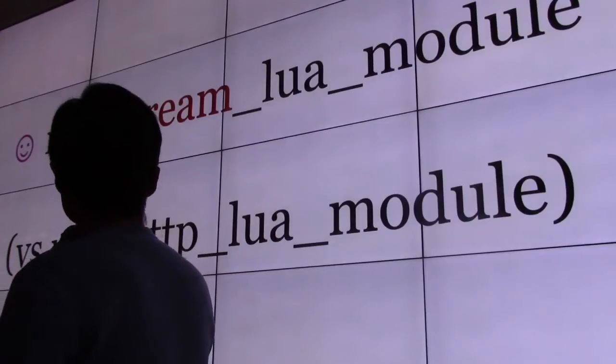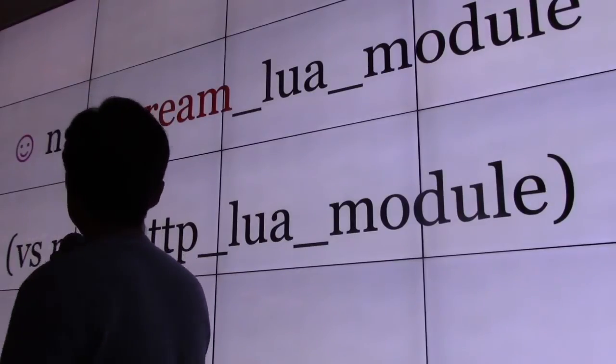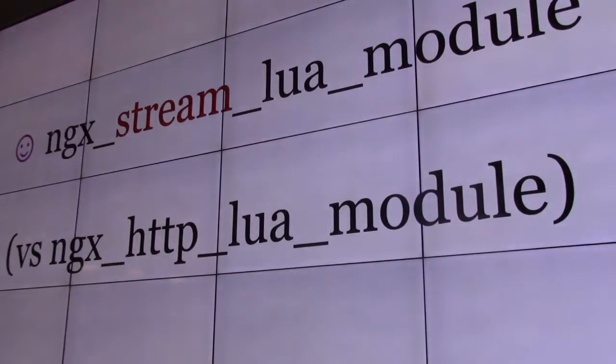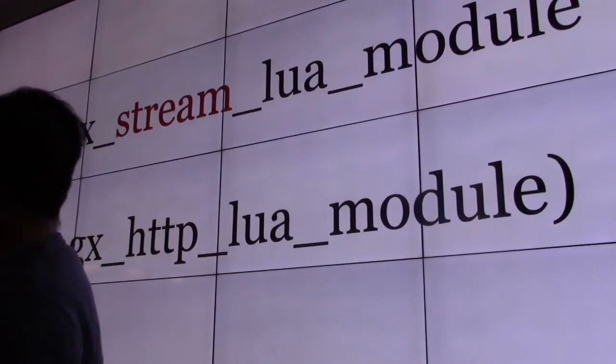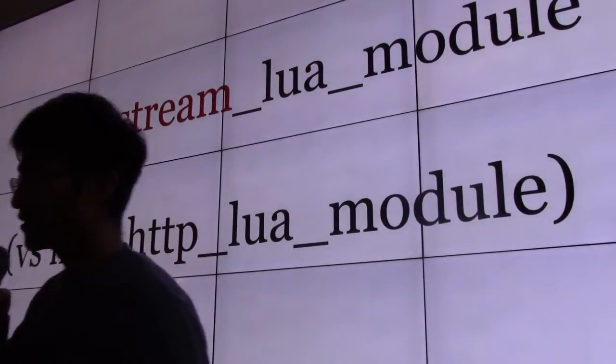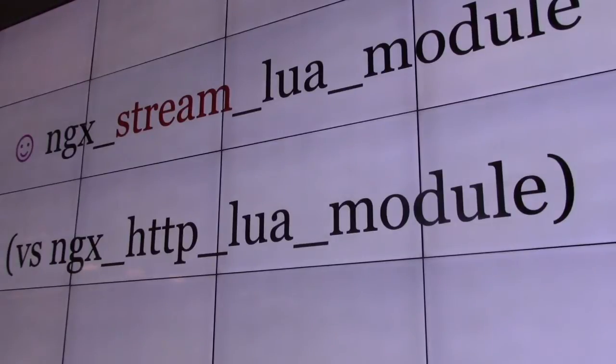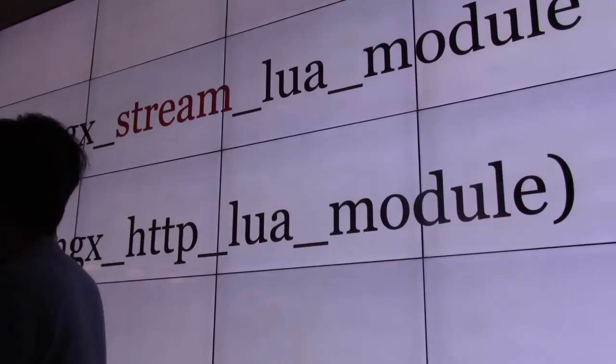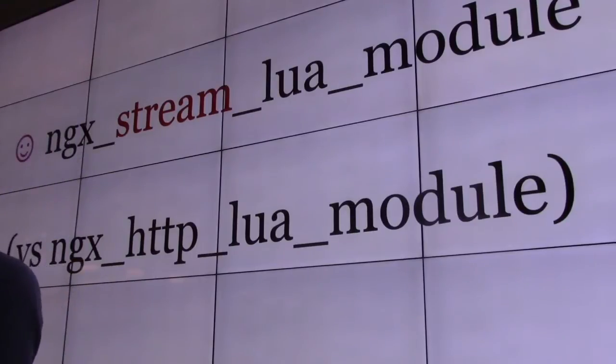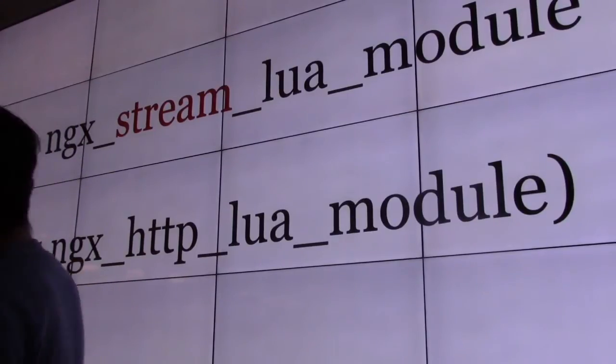Basically, I cloned a lot of code from the HTTP Lua module. I don't like it, but there's a plan to introduce an NGINX Matter Lua module that can be shared among all the different subsystem Lua module variants.